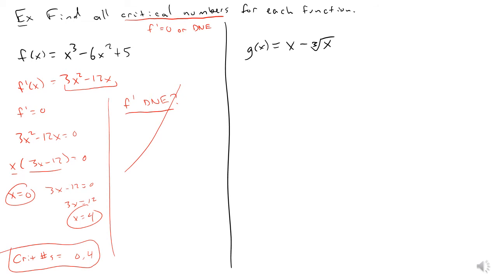Now remember what this means graphically. 0 and 4, these are places where if you were to graph this function, f of x, the graph would have horizontal tangent lines. The derivative being 0 means that the tangent lines at those two x values are perfectly flat. And those are two places where you might have extrema, or we might not.